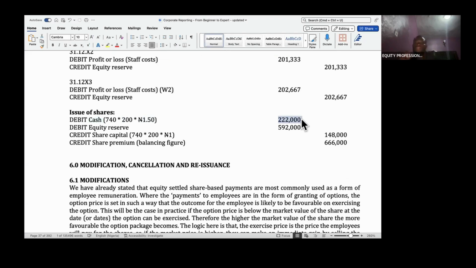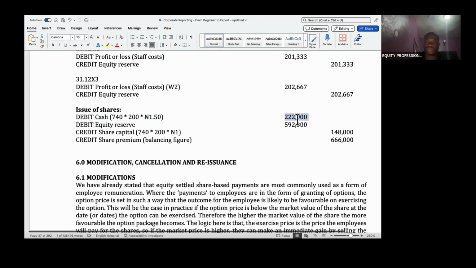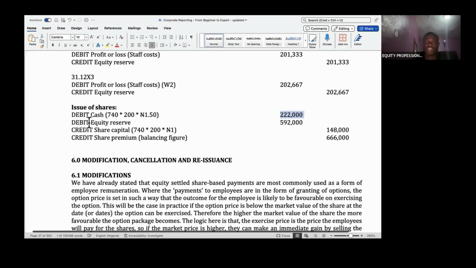And also, my equity reserve, I will need to debit it to cancel it off, because now I want to give shares to my employees. That reserve is no longer needed. So our reserve has a credit balance, so I need to debit it to cancel it off.